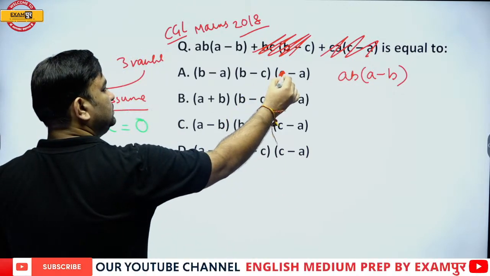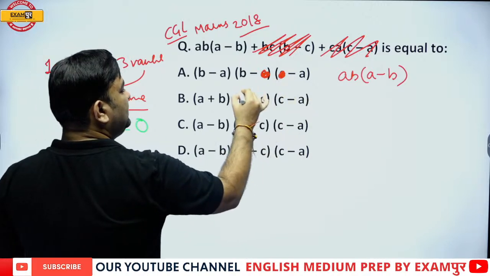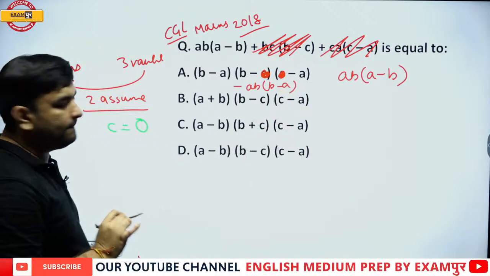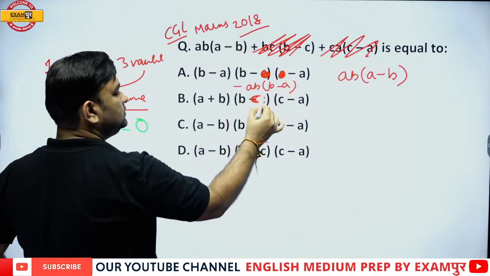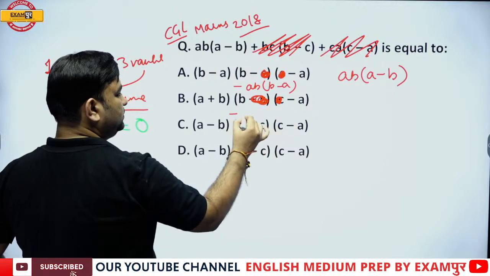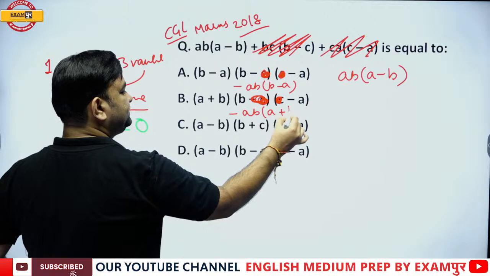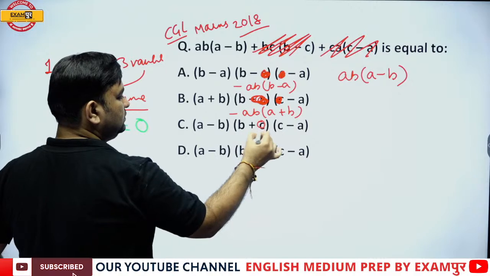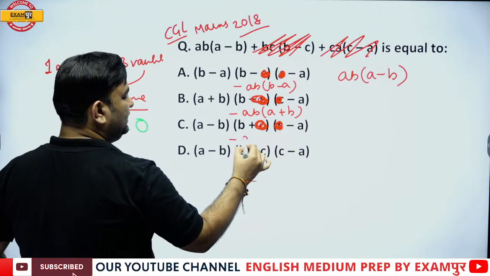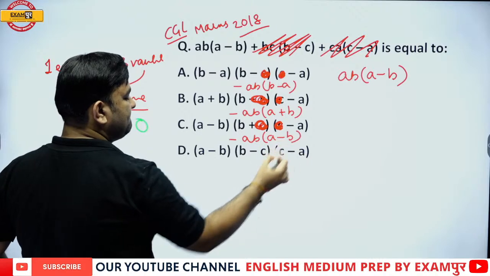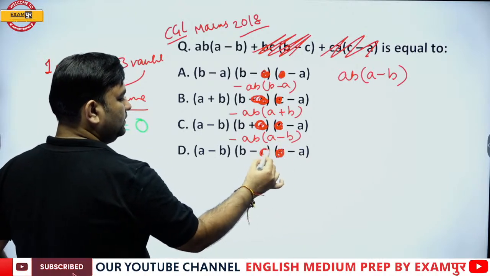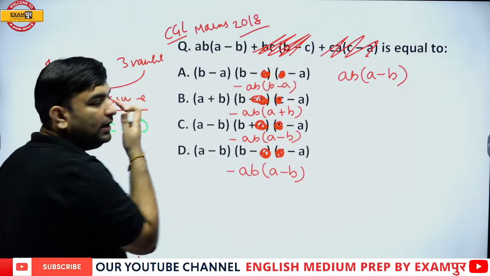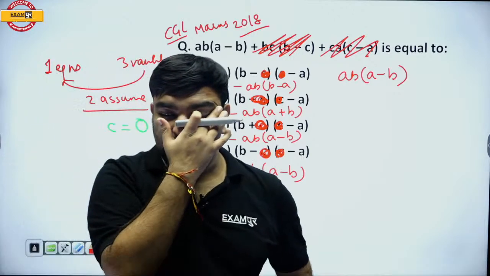It is minus AB, B minus A. Minus AB, A plus B. Minus AB, A minus B. Yours is AB into A minus B.